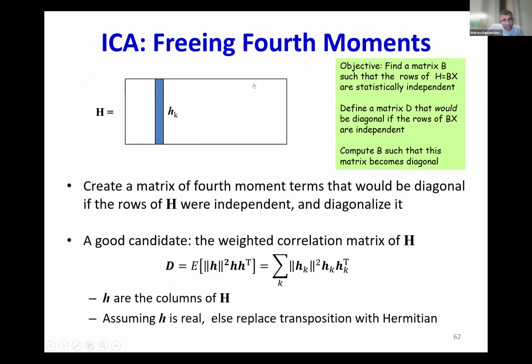Now, remember, H is a bunch of rows. Let me call the kth column of this HK.